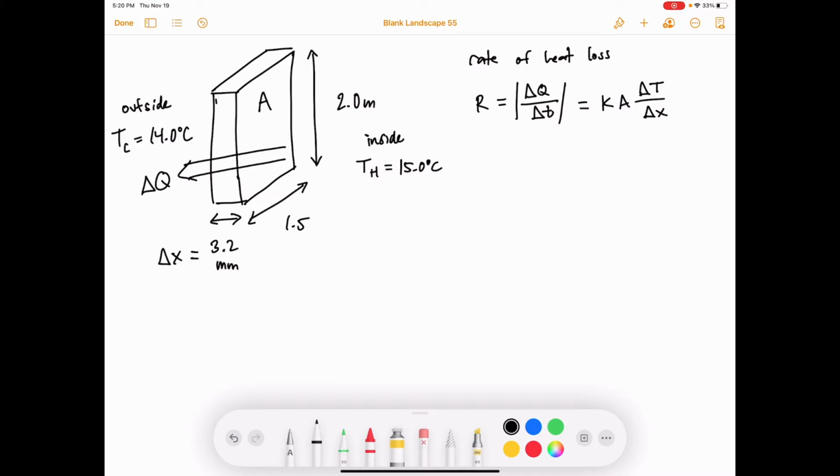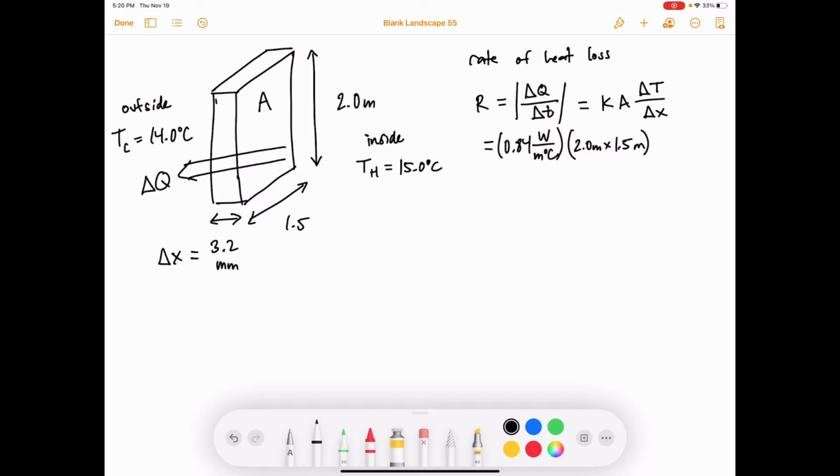Okay, so K is the thermal conductivity of the glass. That's 0.84 watts per meter per degree Celsius. A is the area, so that's going to be 2 meters by 1.5 meters.